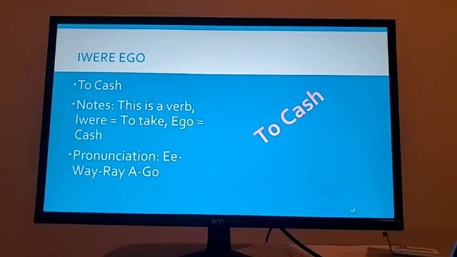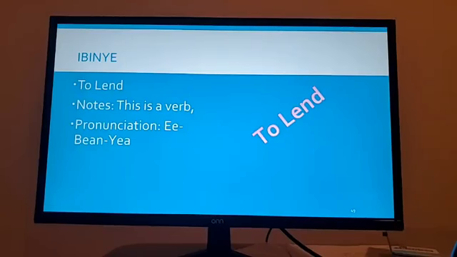Again, you know what A-Go is, which is cash. Ee-Ree means to take. To take cash means to cash a check, basically. So it's Ee-Ree Hay A-Go, to cash. To lend, Ibinye.